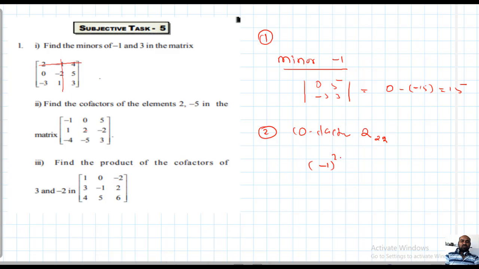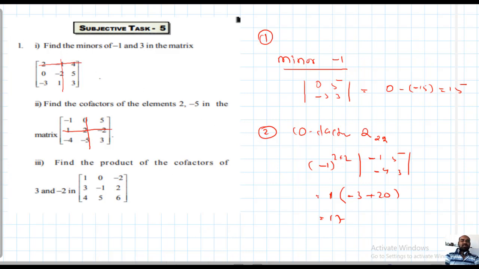Minus 1 power 2 plus 2 into the determinant of the 2 by 2 matrix. That row and that column should be removed. So what happened? Minus 1, 5, minus 4, 3. That is plus 1. What should I write here? Minus 3 minus plus 20. Observe now, 3 minus 3. Okay, I think correct, only 17. So completed.